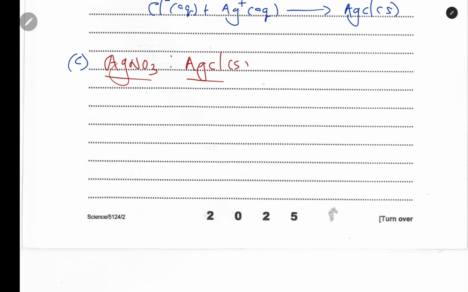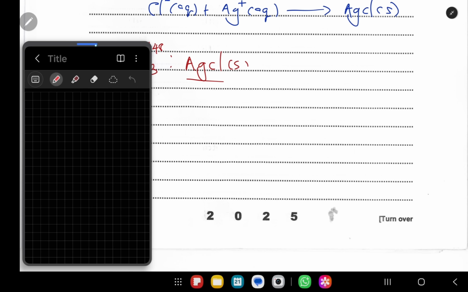The molar mass of AgNO3: Ag is 108 plus nitrogen is 14 plus oxygen, there are 3 of them, 48. Is it 108? This is 108, please, not 180. This should give us 170. Confirm as you are going through.